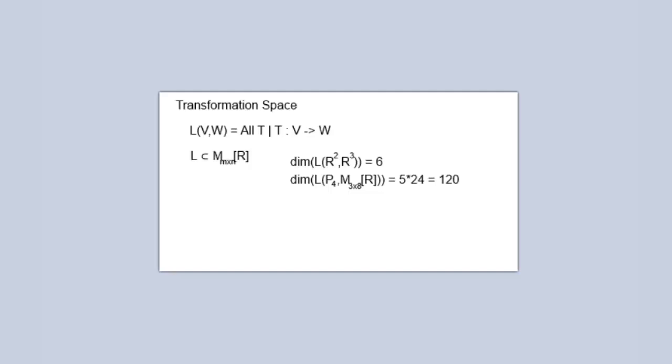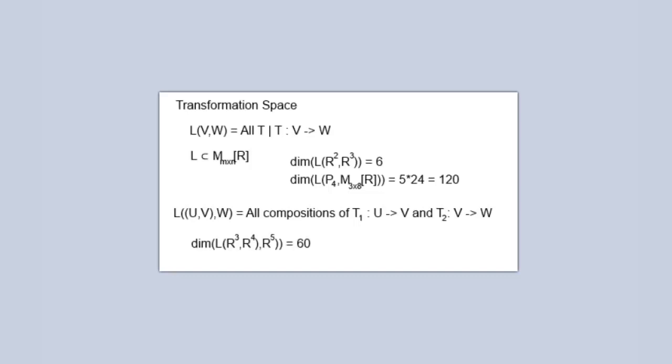Compositions can be represented in these spaces too, and the dimension is the same, but you have the added space in there as well, but it's all still multiplication. So the dimension of L for one transformation being from R3 to R4, composed with another being from R4 to R5, so you have to do this grouping, is just going to be 3 times 4 times 5, which is 60.